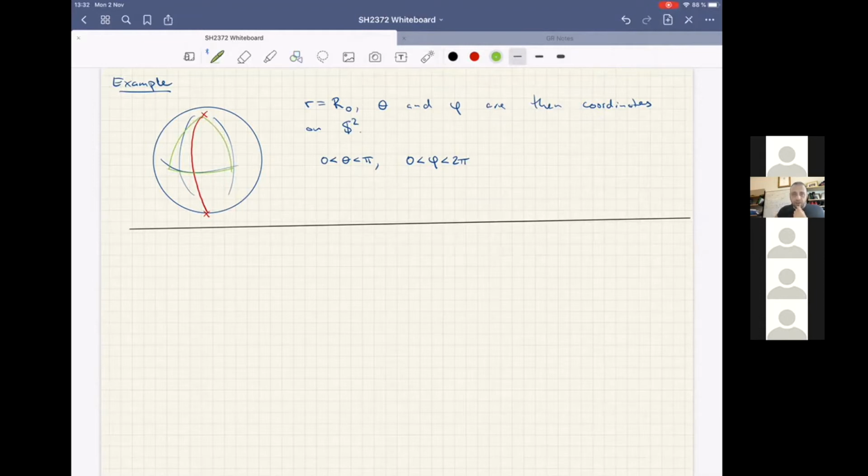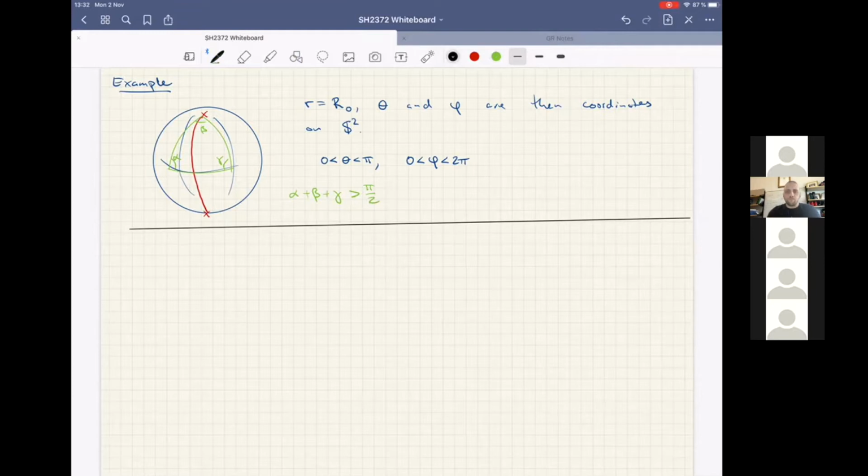The angular sum of these angles is not going to add up to 180 degrees. So in this case, alpha plus beta plus gamma is going to be greater than pi in general. So the geometry of the sphere is going to be intrinsically different from Euclidean space, and essentially is what's going to be described by what we will discuss now.